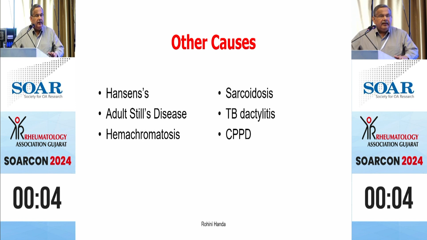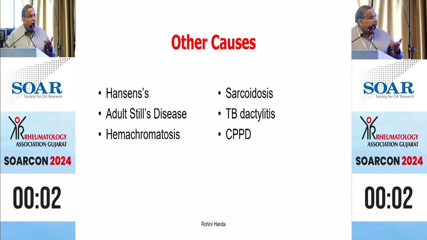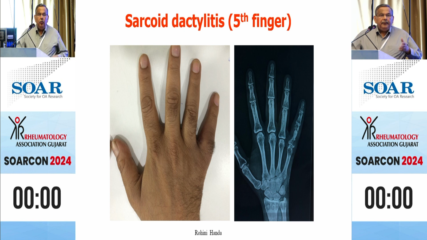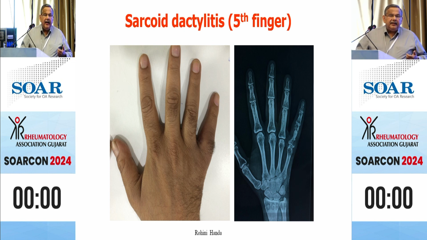Uncommon causes, well, we've talked about some common causes. Sarcoidosis, tuberculous dactylitis in our country, CPPD, Hansen's disease, adult Still's disease, hemochromatosis, and this is an example of osseous sarcoid. I have only put up cases where these were patients that I had encountered.